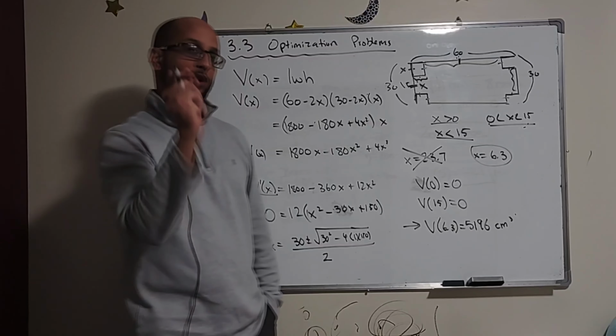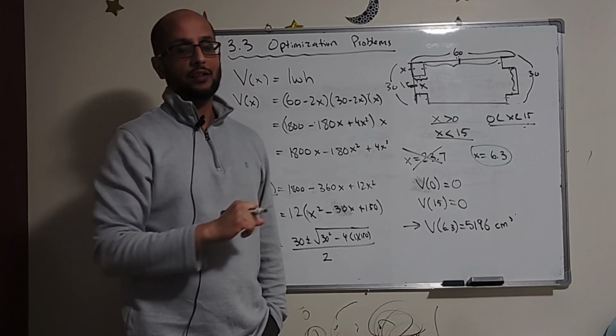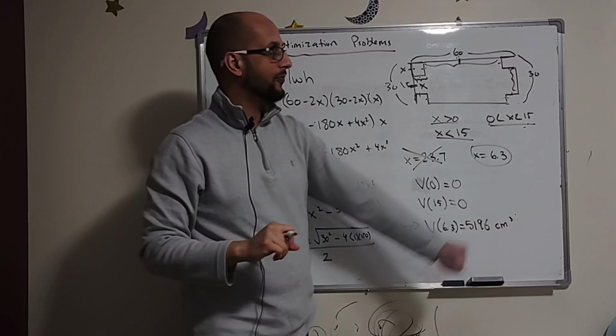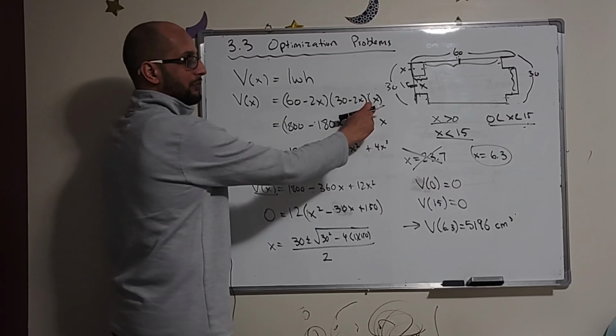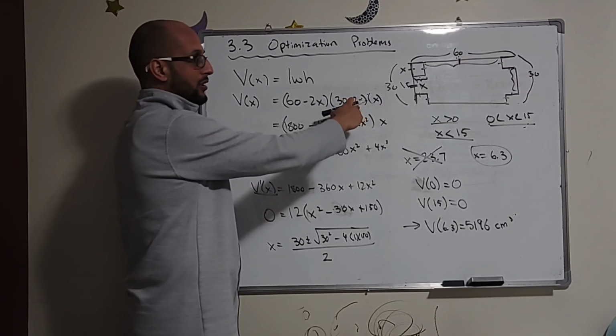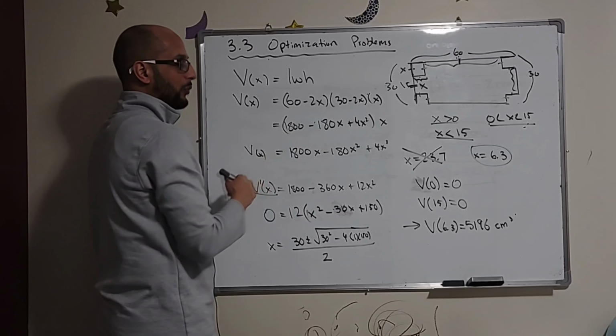But again, that's not what the question is asking for. The question wants to know what dimensions will provide the largest volume. So the dimensions are going to be when x is 6.3. The height is 6.3. The width is going to be 30 minus 12.6, and the length would be 60 minus 12.6.